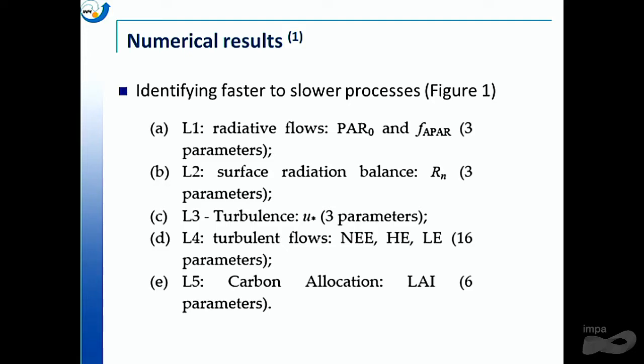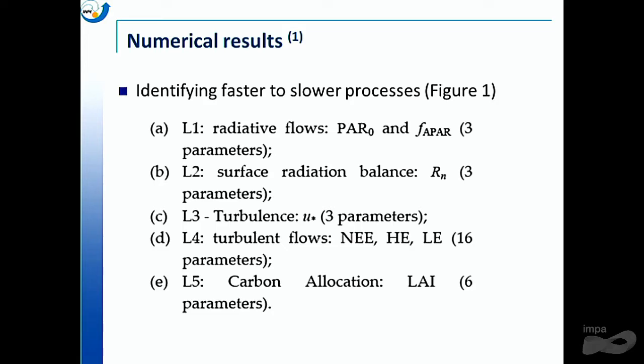5 clusters of parameters. Cluster 1 is radiative flow, surface radiation. This includes 3 and 3 parameters. Turbulence, turbulent flow, is 16 parameters, and carbon allocation, 6 parameters.